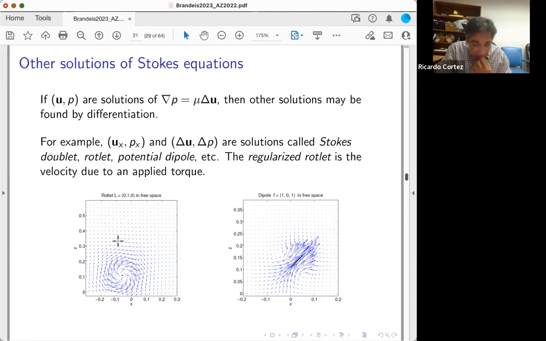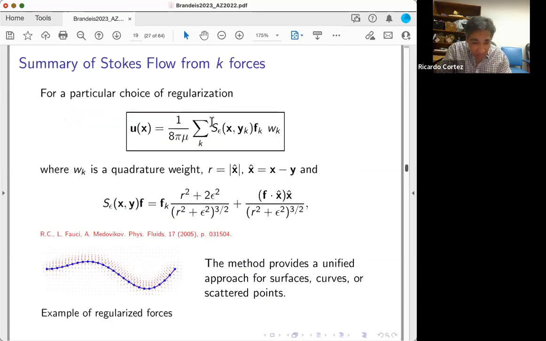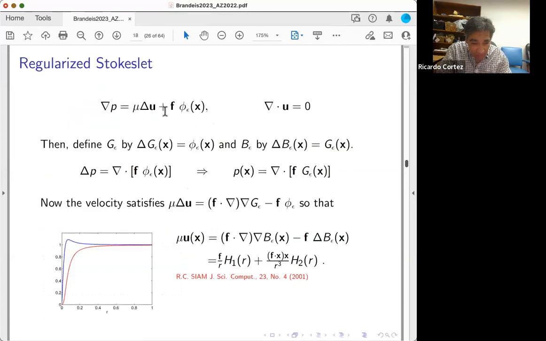Okay, let me see. There's two different issues here. So if I have a regularized Stokeslet, which comes from my Stokes equation with a particular forcing term here, I can differentiate this. For example, if I take the curl of this equation, I'm going to get something like the solution from imposing a torque, right?